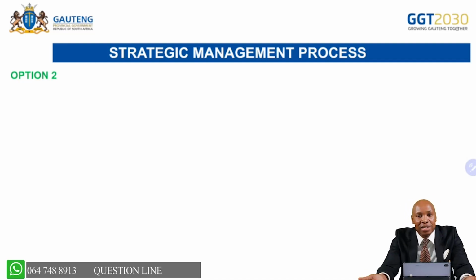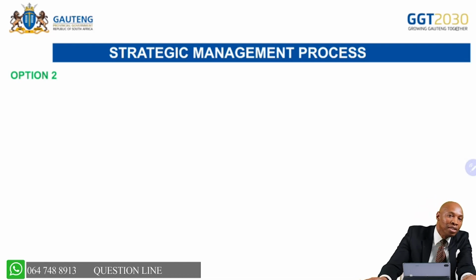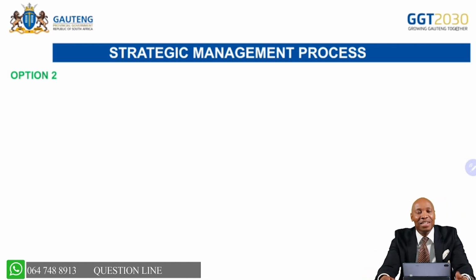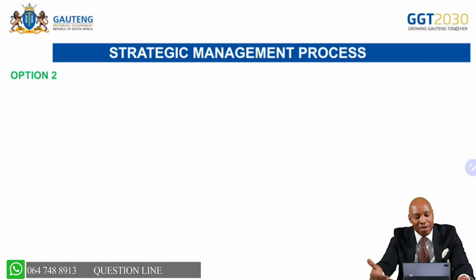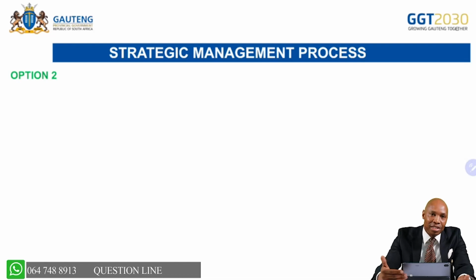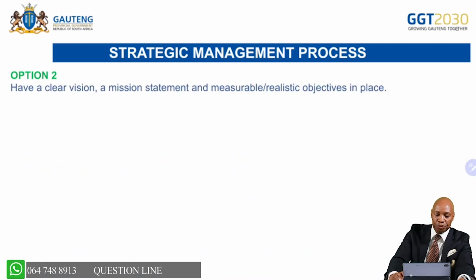If I may ask, which action verb will it be? It could be outline, it could be describe, it could be discuss. So please make a point that when you sit for your examination, you are able to outline, discuss, describe what? The strategic management process. Now, let us look at the strategic management process together.